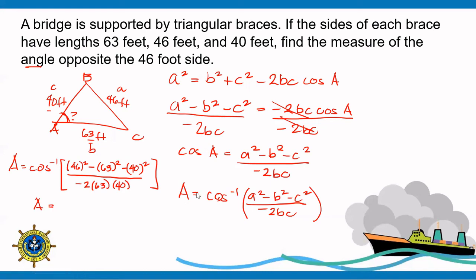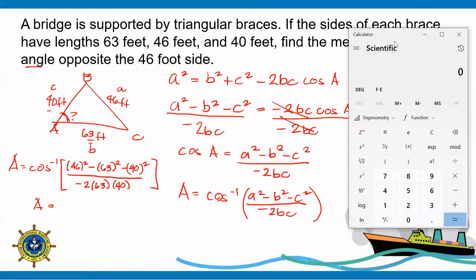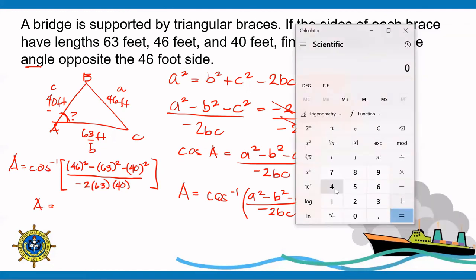Okay, so let me show you how to do this on your calculator. So this is now 46 squared minus 63 squared minus 40 squared. Press equal first and then divided by, then open parenthesis. So we have here negative 2 times 63 times 40.